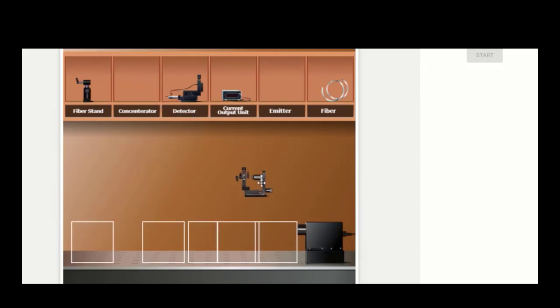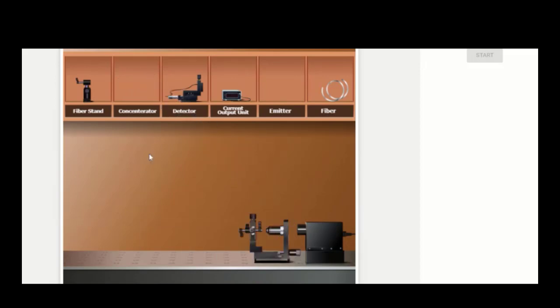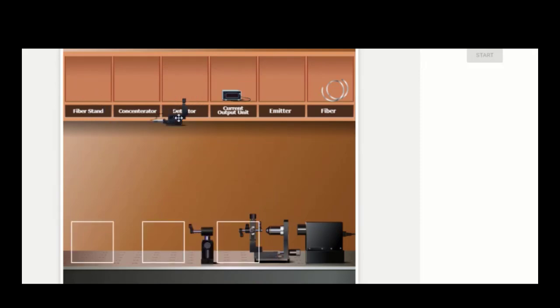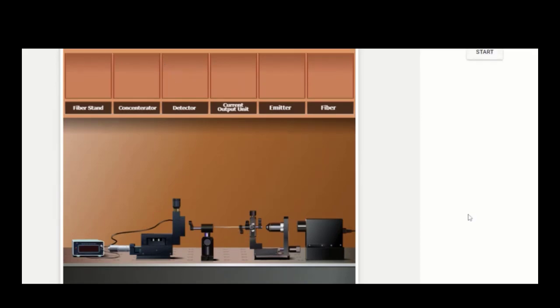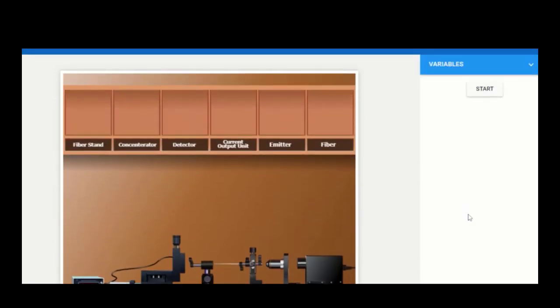We need this concentrator, this fiber stand, this detector, this output unit, and this optical fiber that we place between the concentrator and the fiber stand. This is the arrangement to perform the experiment.